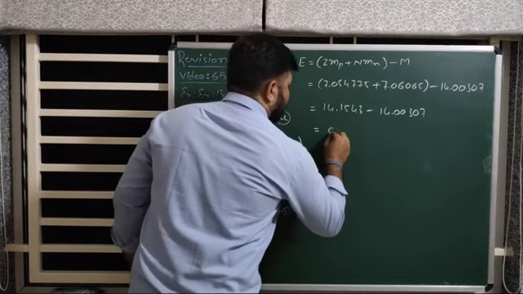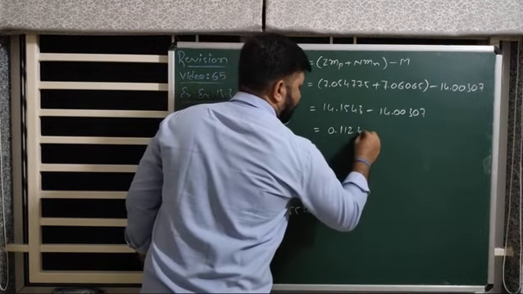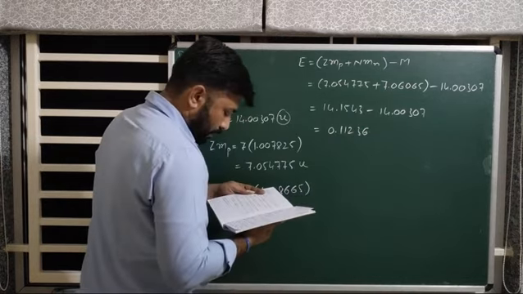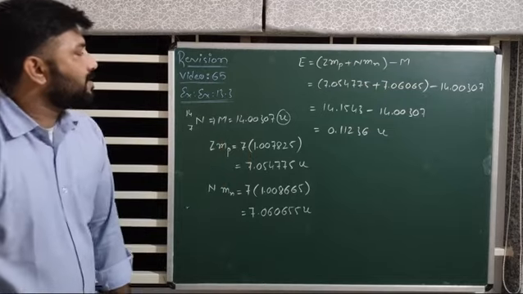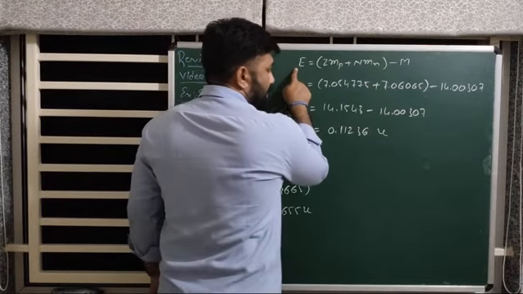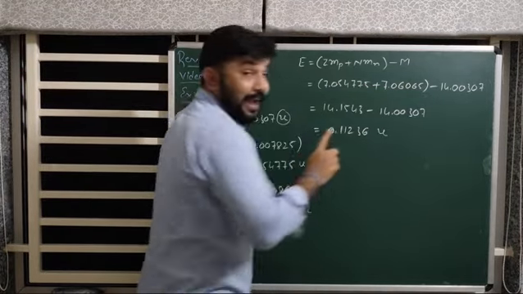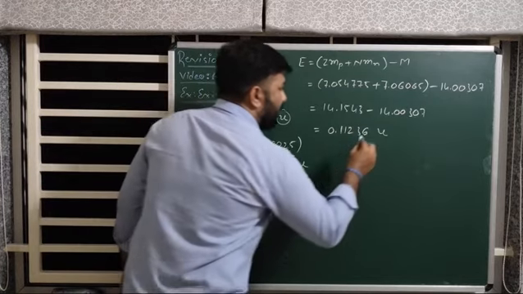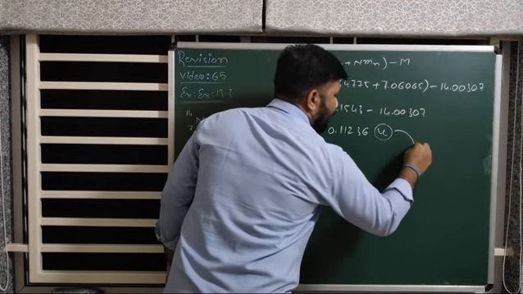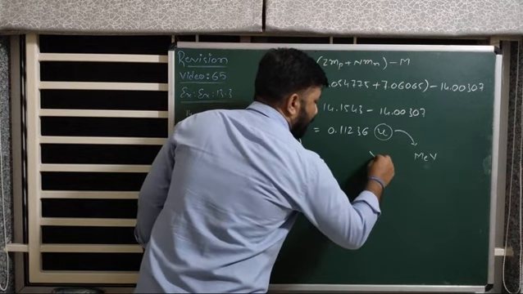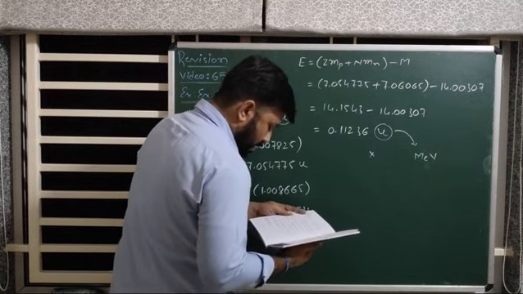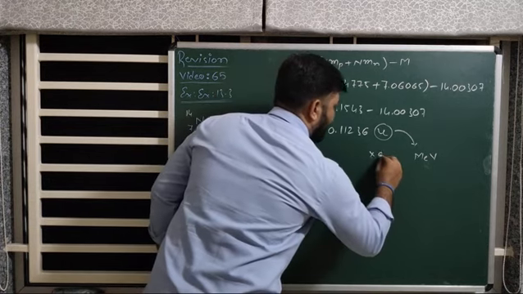0.11236 atomic mass unit. But if you want to convert this energy into MeV, then there is one conversion: the unit is converted into MeV by multiplying by 931.5.